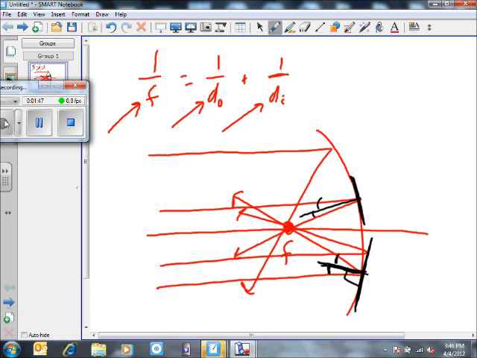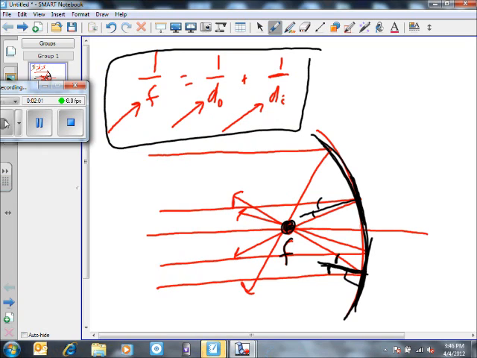But we can see that here at this focus, this type of mirror, which is called a converging mirror or a concave mirror, has a real focus. And so when we're talking convention, if any of these numbers is real, it will be a positive number. So in this case, the focus would be a positive number.